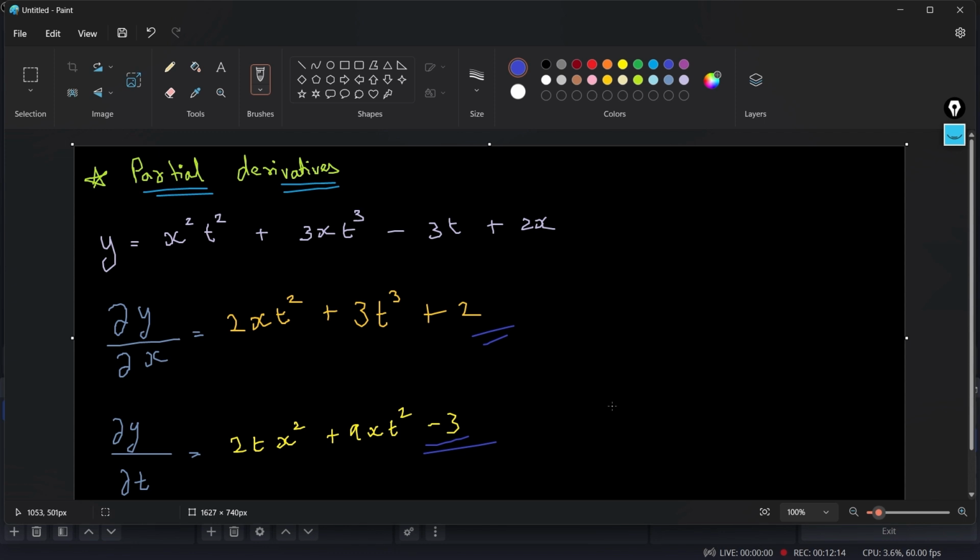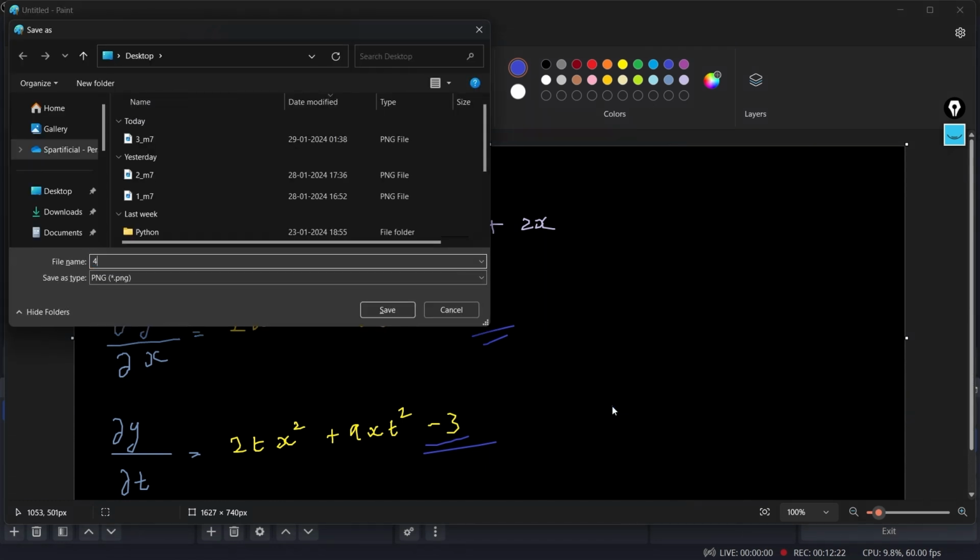Okay, so let's just go ahead and derive these equations of the partial derivative of cost with respect to weight and bias. So yes, I'll again save this part. I'll call this 4M7.